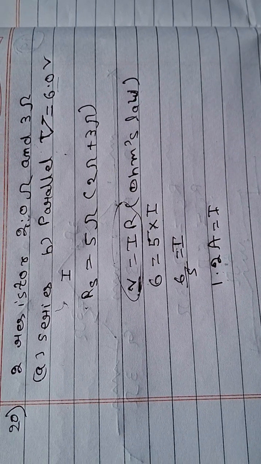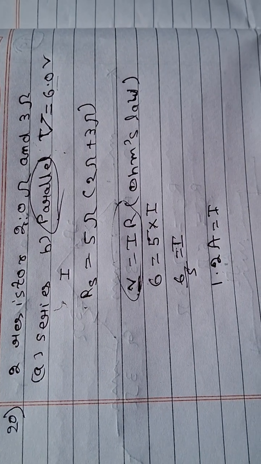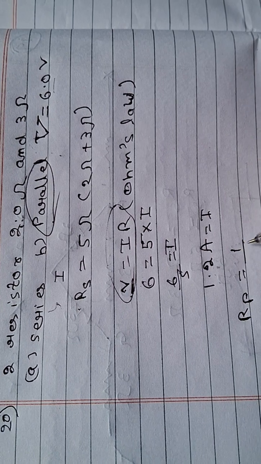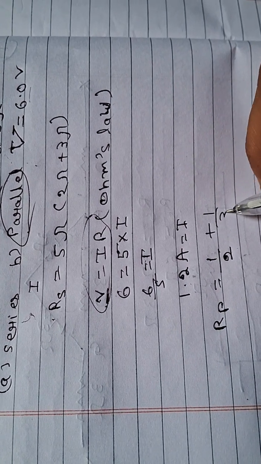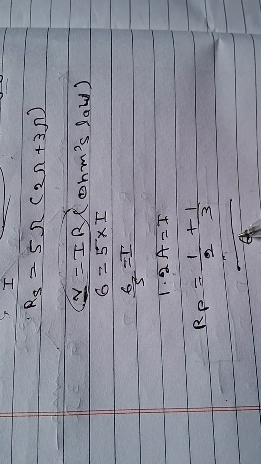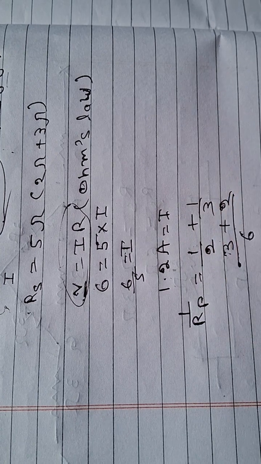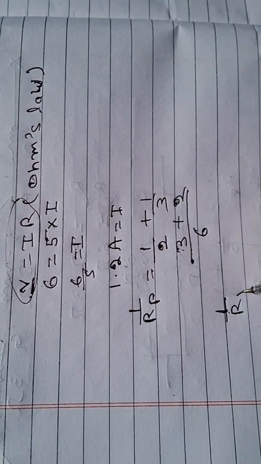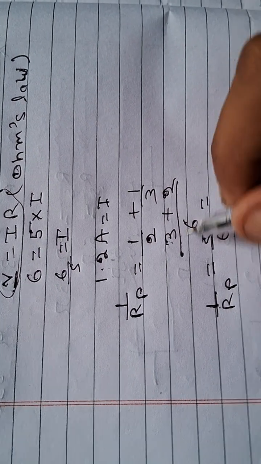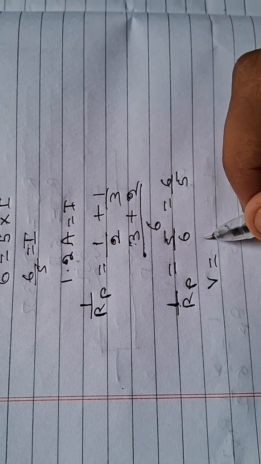Now we have to connect in parallel. You have seen that the second is parallel, so we will also do it in parallel. So Rp is equal to 1 by 2 plus 1 by 3. Let us take the LCM as 6. 3 plus 2, we have 1 by Rp is equal to 5 by 6, so Rp is 6 by 5. Now V is equal to how much?